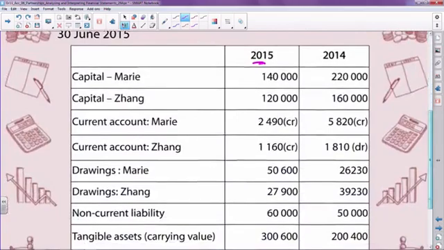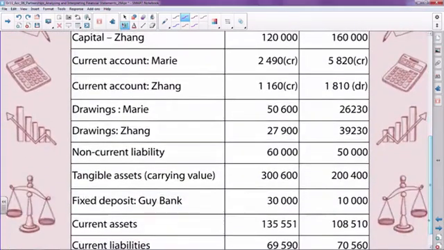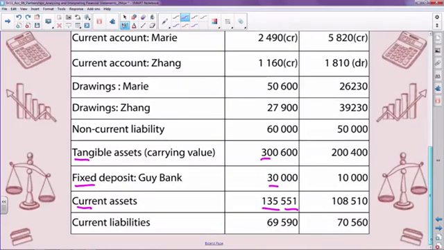So my total assets will be my non-current assets. So there I've got a non-current asset, tangible asset at carrying value. Then my fixed deposit, 30,000. Current assets, 135,551. And then further down, I've just got current liabilities. So my total assets would be an addition of the three amounts.